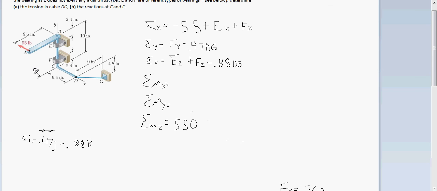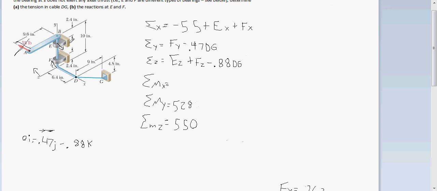If we move that force from there to the origin, we're going to get a moment about the y-axis that's negative, and it's going to be 55 times 9.6, which is 528 pound inches.